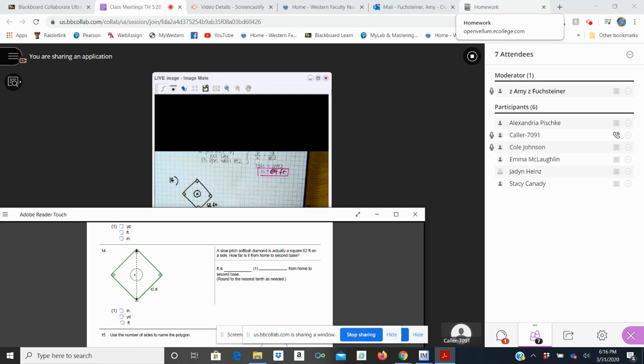So here we've got a slow pitch softball diamond, and it's actually a square with 62 feet on a side. How far is it from home to second base?